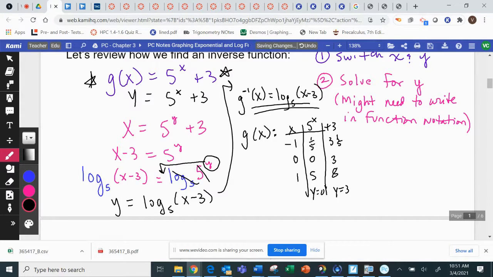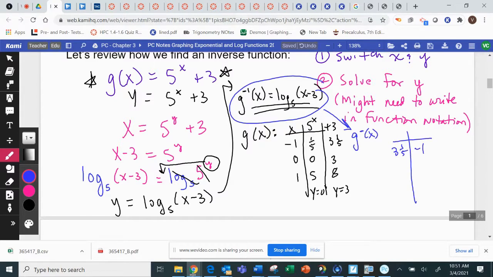Does anybody remember anything about inverses when it comes to the ordered pairs? You remember, Connor? So the ordered pairs that I'm going to graph for the inverse are going to be 3 1/5, -1, 3 0, 8 1, and then I have to flip one more thing.